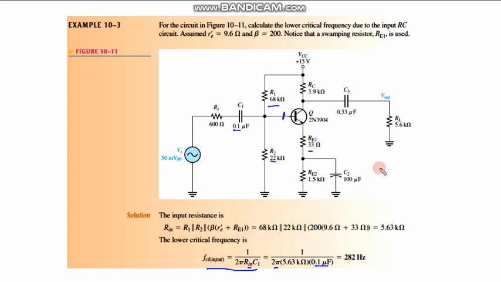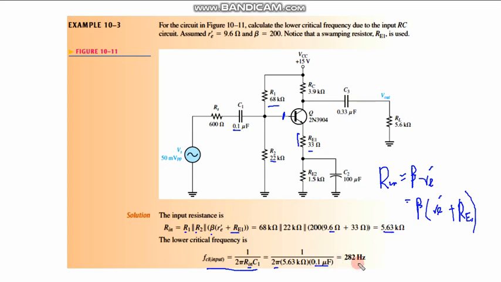It is beta times Re prime, but if a swamping resistor is used, it is equal to beta times Re prime plus Re1. This will be your input resistance at the base. So you put the values: R1 is 68, R2 is 22, beta AC is 200, Re prime is 9.6, and Re1 comes out to be 5.63.